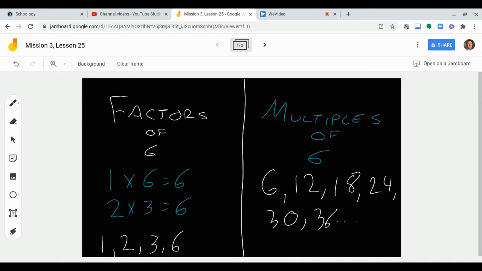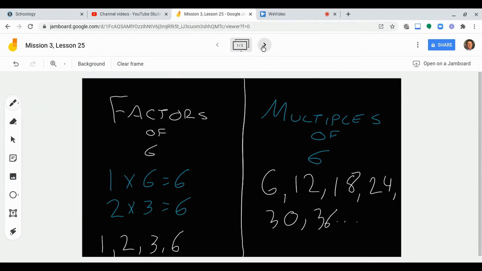So any number I multiply 6 by will give me a multiple of 6. And that's the difference between factors and multiples. When you're talking about multiples, you start with that number and you go up. When you're talking about factors, you're ending with that number and you're seeing what it takes to get there.